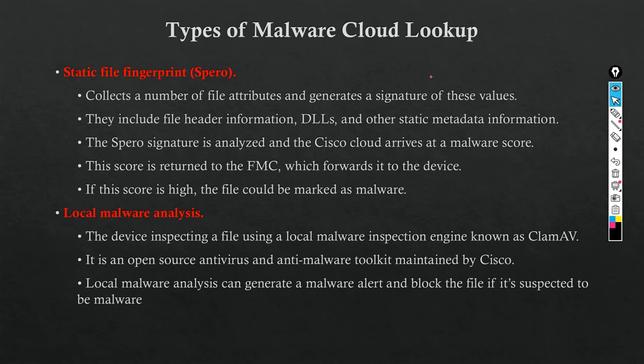So how is Spero working? Spero works on attributes. It collects attributes and generates a signature based on these behaviors. So I have a file, I can generate attributes from this file, collect the attributes and generate a signature of this value.